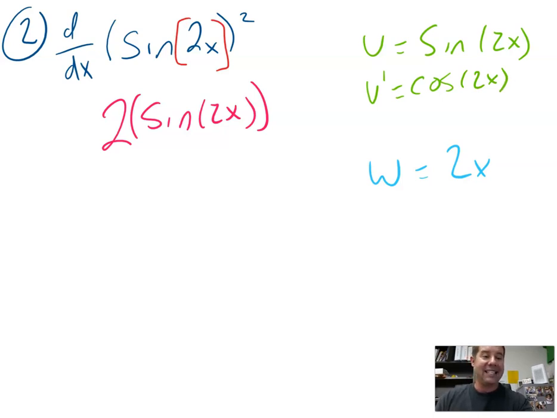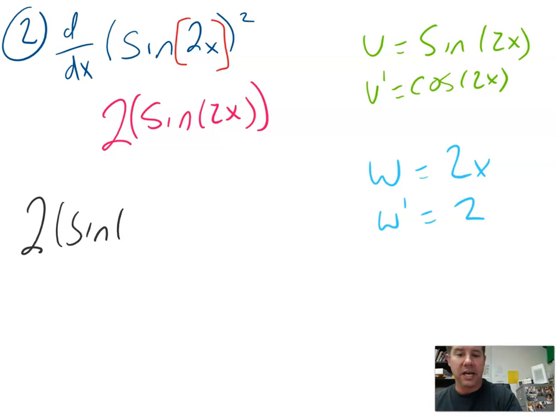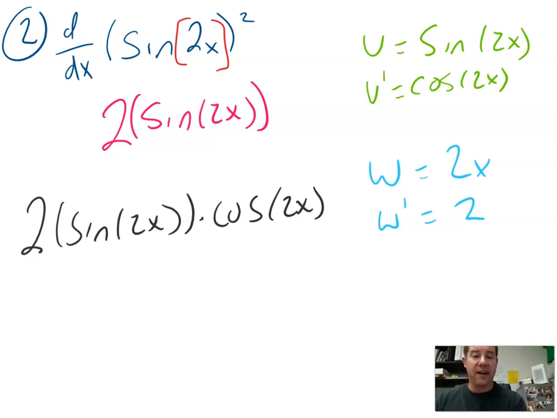And then because I had that inside function, that w technically, right? I now need to multiply this by w prime, or 2. So putting this all together, and I know I'm kind of scattered here a little bit, the derivative of the outside, 2 sine 2x to the first, times the derivative of the inside, cosine of 2x, times the derivative of the inside, times 2. That's generally what our work's going to look like right there.